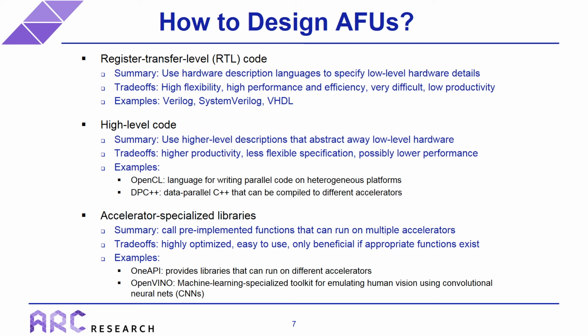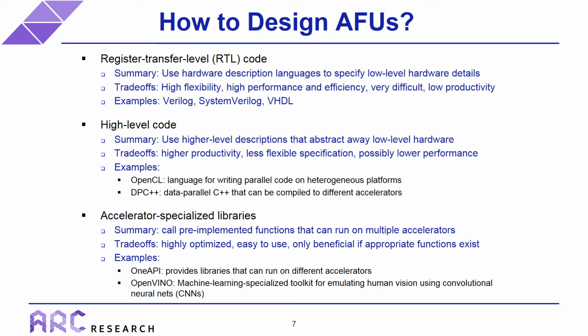The big advantage here is that these functions in this library have been highly optimized for different types of accelerators, and they're very easy to use because you just call a function like you would in any other language, and behind the scenes, it gets mapped onto a super efficient implementation on whatever accelerators you have available. Now, the obvious disadvantage is if the library doesn't provide you with functionality that you need, then you have to rely on one of the other design entry methods.